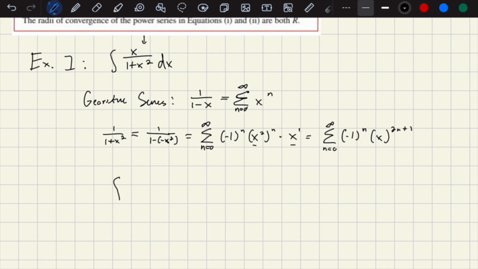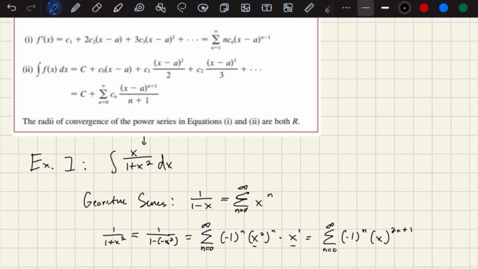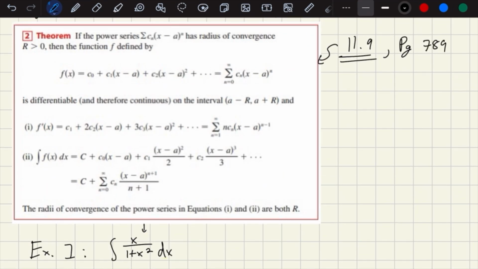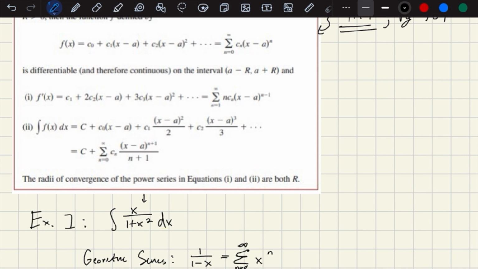So let me rewrite out the integral. So now you have the integral of this still very daunting looking power series, but it simplifies pretty easily when you see the theorem. So now if you look back at the theorem, the theorem says that if you have a power series, then you could represent it in this manner where you have Cn.